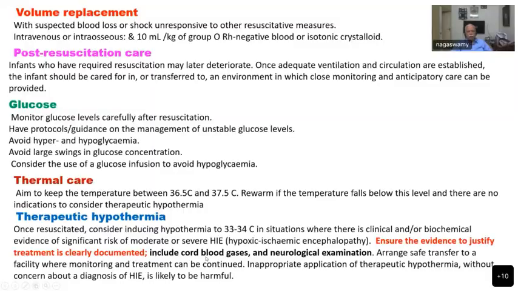Blood gases and neurological examination have to be done, and the parents should be informed about it. When monitoring and treating, inappropriate application should be avoided without concern for the diagnosis of hypoxic ischemic encephalopathy. If this is suspected, after proper documentation and information to the parents, you can try therapeutic hypothermia.